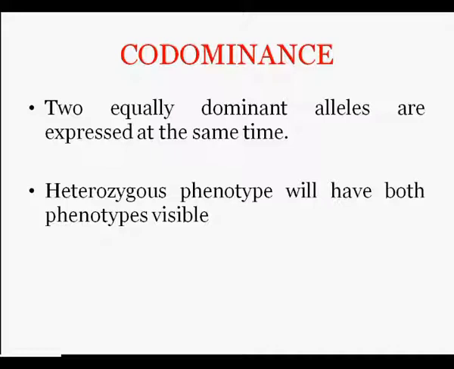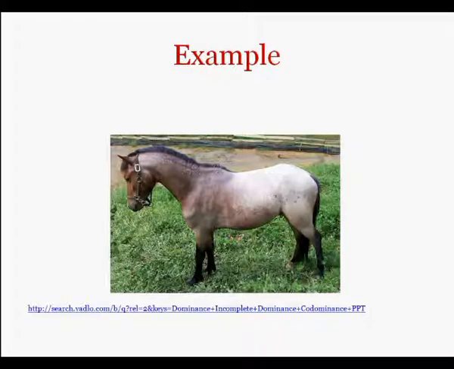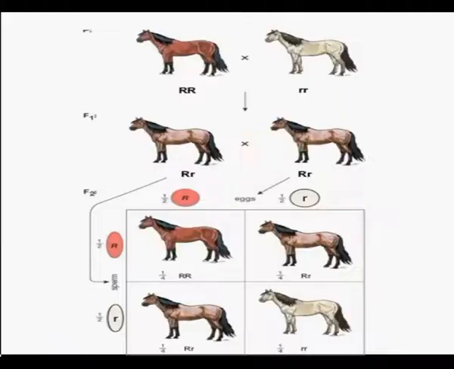In case of codominance, both alleles, or two equally dominant alleles, are expressed at the same time. An example of codominance is the roan color of the horse. This cross shows the example of codominance.